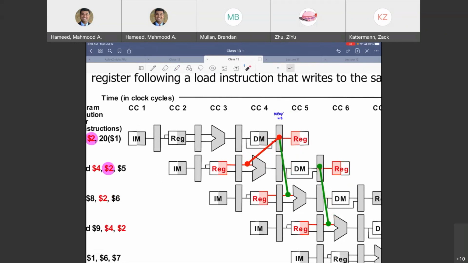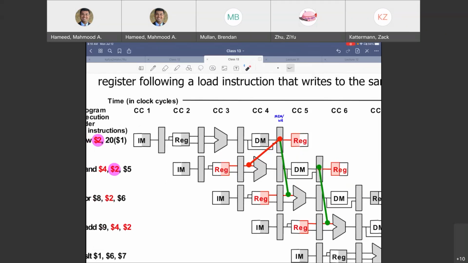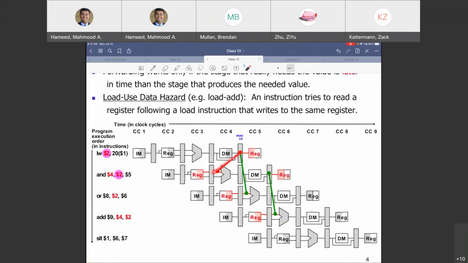But how are you going to do this? This needs it earlier, ahead of time. So I hope you agree that we cannot solve the load use hazard with register forwarding, either type, the EX/MEM forwarding or the MEM/write back forwarding.